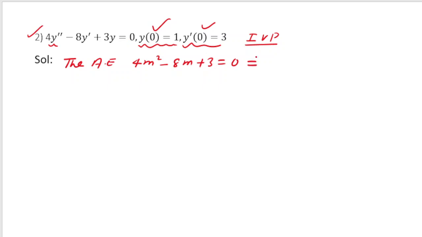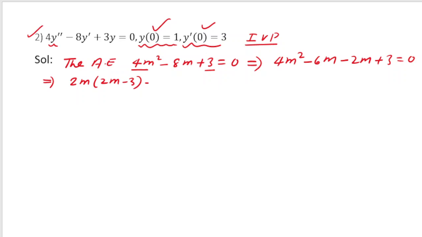Now we have to factorize. So here you have 4m square into 3, so 12m square. So how will you factorize? 4m square minus 6m and minus 2m plus 3, that is equal to 0. Moving forward, I can take 2m common, so I will get 2m into (2m minus 3), and I can take minus 1 common, I will get minus 1 into (2m minus 3) is equal to 0.